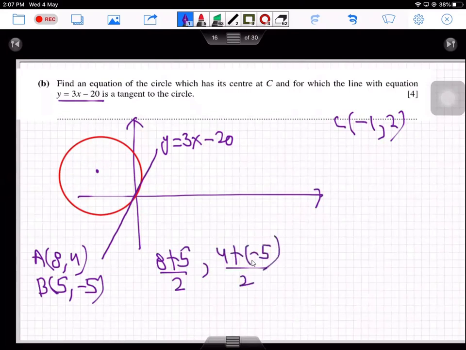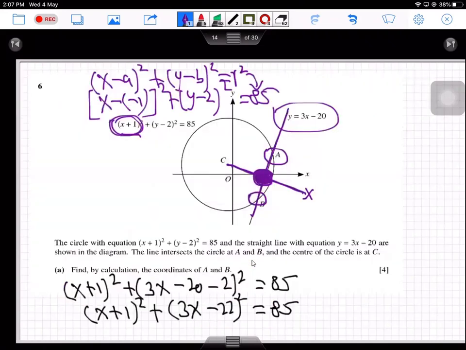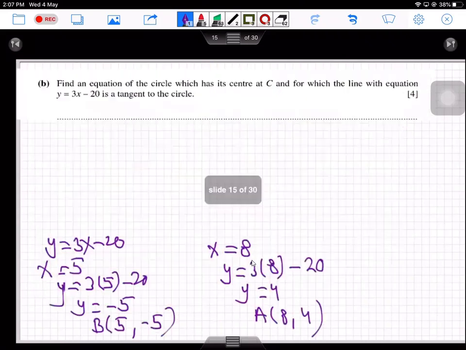So 8 plus 5 is 13. So 13 over 2, 4 minus 5 over 2, this is minus half. So 13 over 2, minus half is actually the point at which the line will become the tangent to the circle.